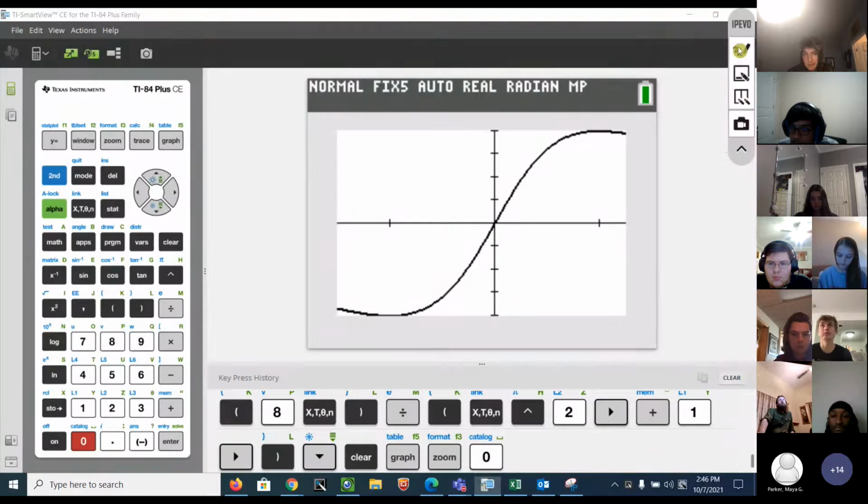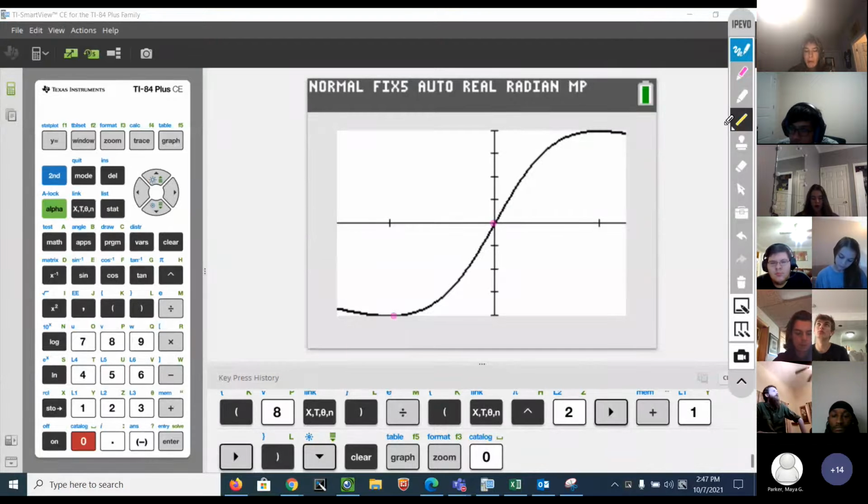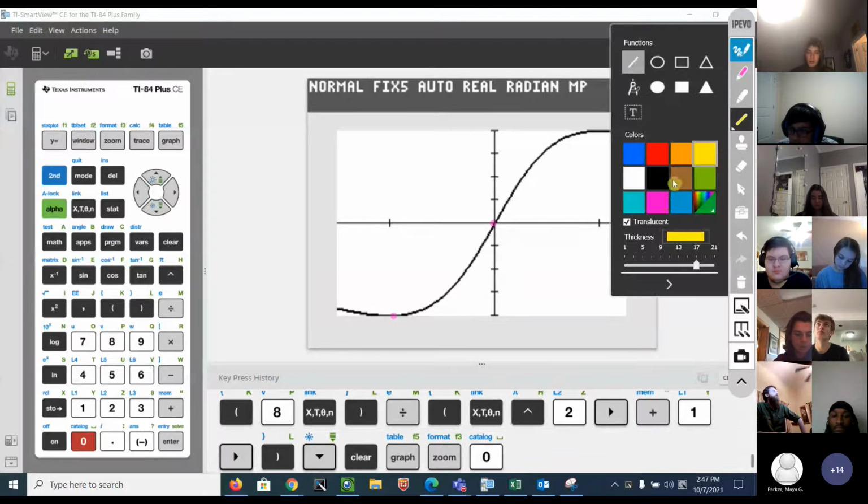I'm going to put a big magenta dot at negative 1 right there, and then another plot at (0, 0). Now, somebody tell me what the tangent line is, and let me draw a tangent line. I'm going to draw a tangent line at this point. Hold on.